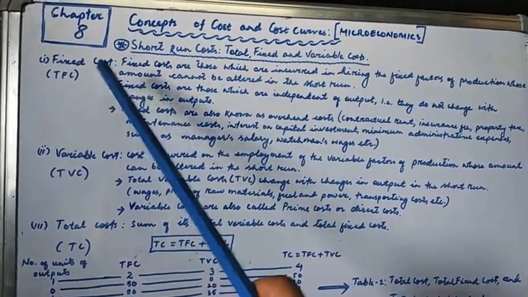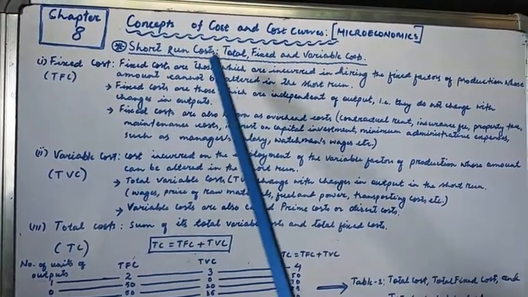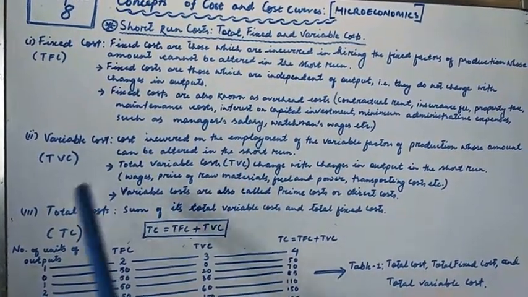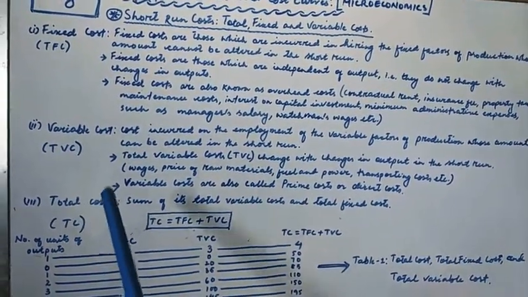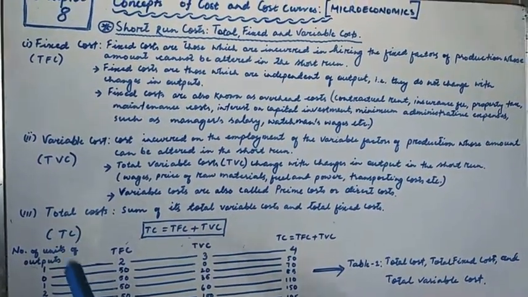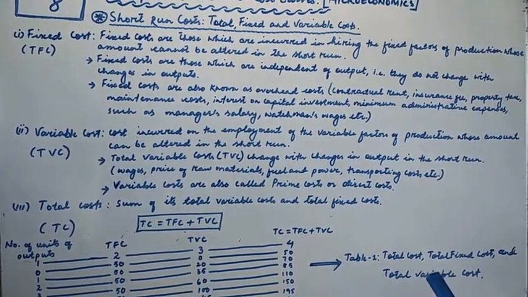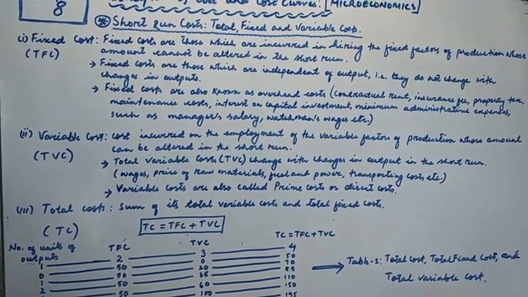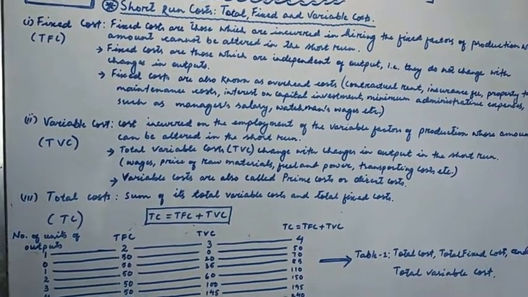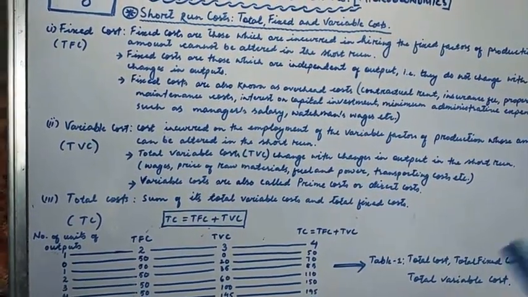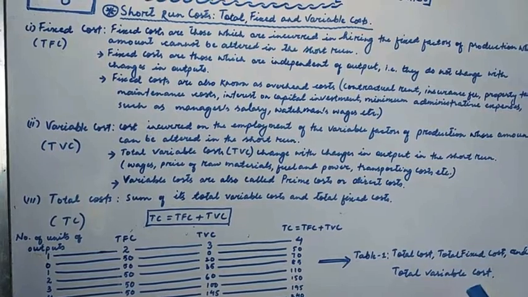What is a fixed cost or total fixed cost? What is variable cost or total variable cost? And then what is total cost, represented by TC? So we have explained the difference between fixed factors and variable factors, and also the difference between short run and long run.